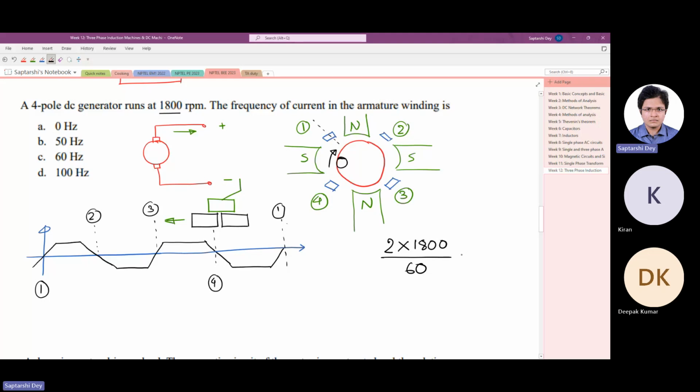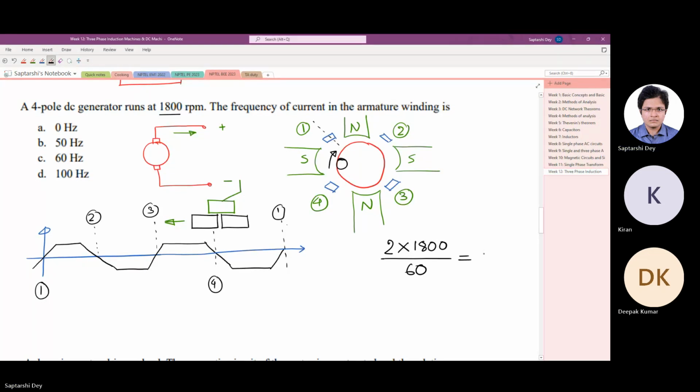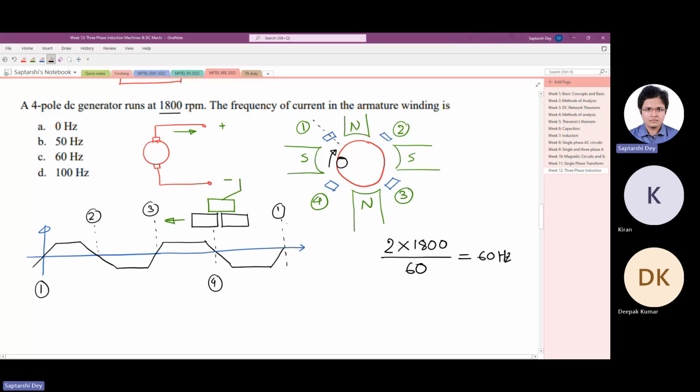So what you get here is 60 hertz. So the armature winding of this DC machine or any 4-pole DC machine, when the machine rotates at 1800 rpm, sees a 60 hertz AC current. The armature current is 60 hertz AC current.